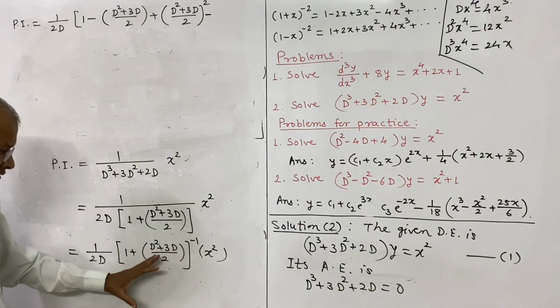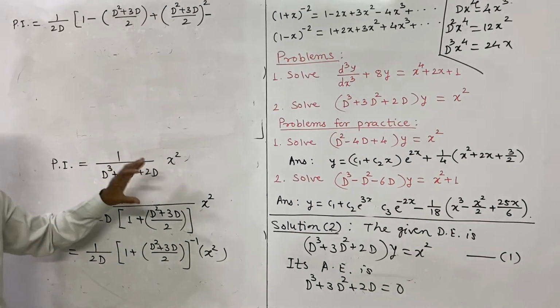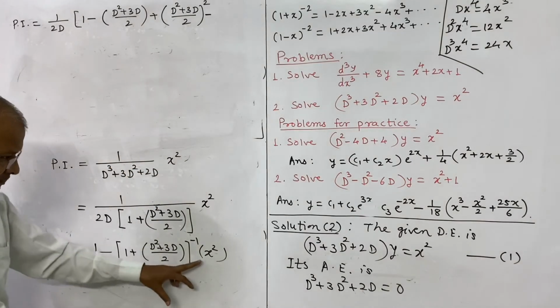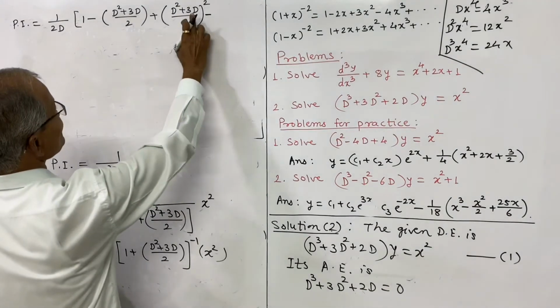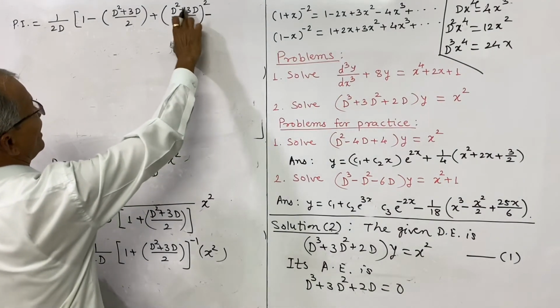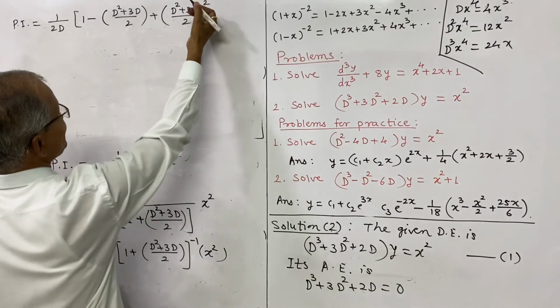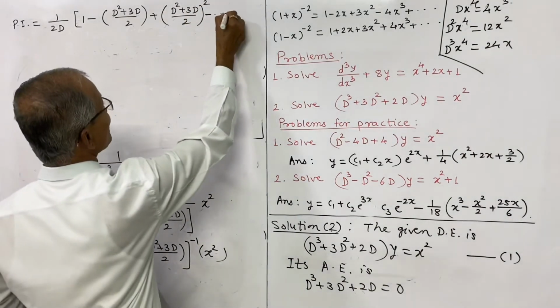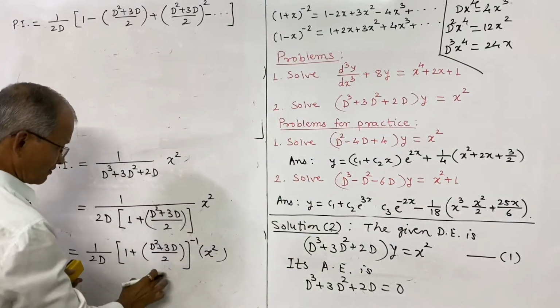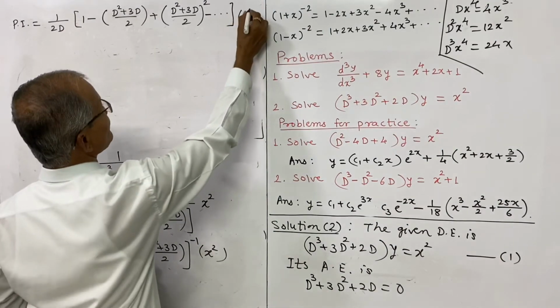So up to d square we expand this. d cube, d power 4, etc., operated on x square will be all 0. So it is sufficient. This involves a d square term, and the maximum term we require is d square, plus so on, higher power terms, operated on x square.